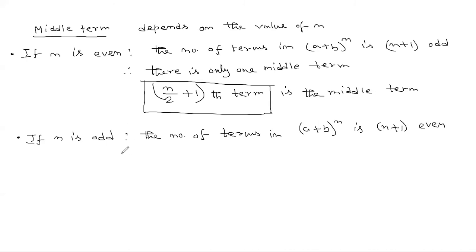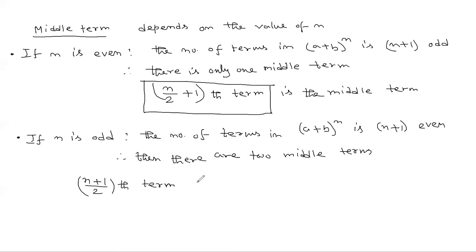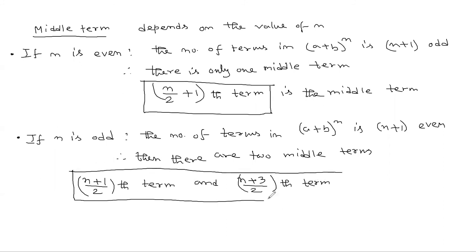So if it is even, then there are two middle terms, which are the (n plus 1 by 2)th term and the (n plus 3 by 2)th term. These are the middle terms.